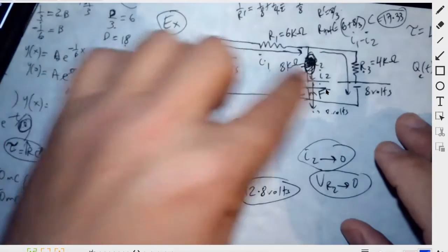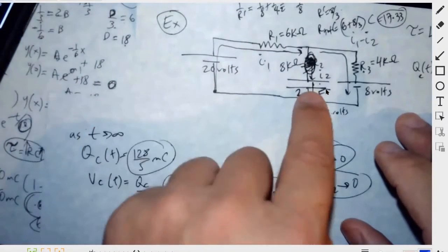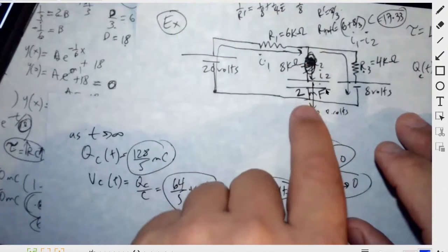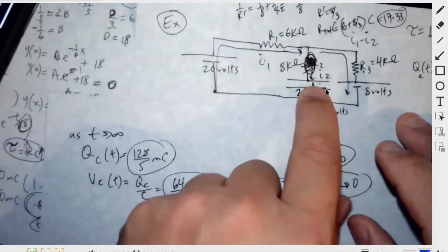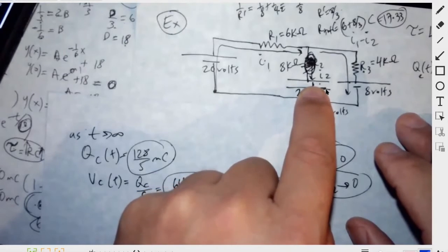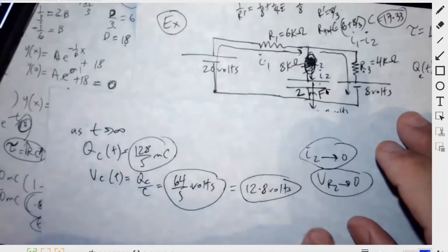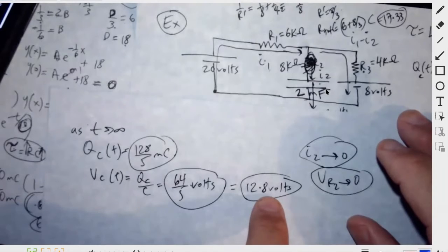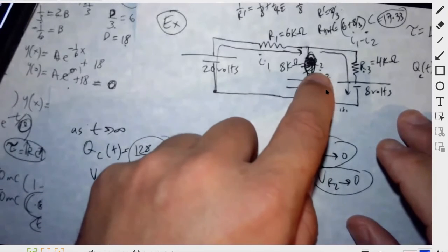So when it's been charging for a very long time, what happens? The charge across that element where the capacitor is should have no longer any more current when you approach infinity. You see, so that does make sense. And then the voltage there reaches 12.8 volts. And then that current is 0.